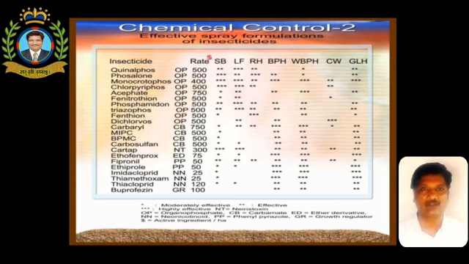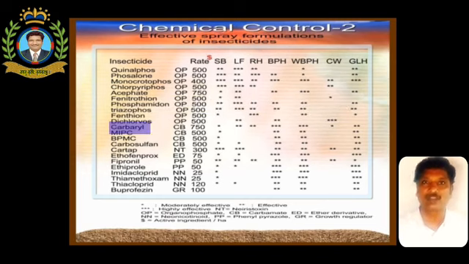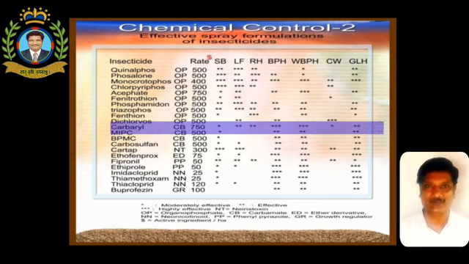Apart from that, if you want to prefer chemicals, mostly try to adopt phosphamidon, which is giving a good result on the majority of pests. Carbaryl is also giving a good result on the majority of pests.